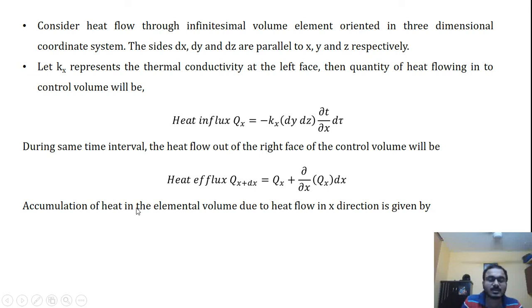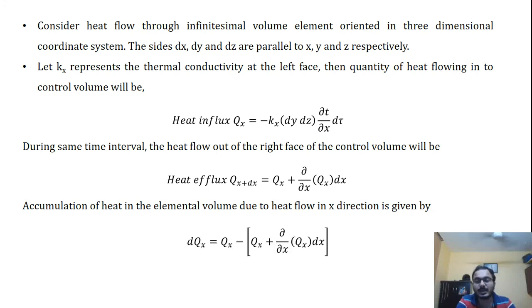That is how much heat is gathering inside. So it will be equal to heat influx minus heat efflux. So the amount of heat which is entering the face minus the amount of heat which is leaving. This will give us the amount of heat accumulated inside that elemental volume in x direction.